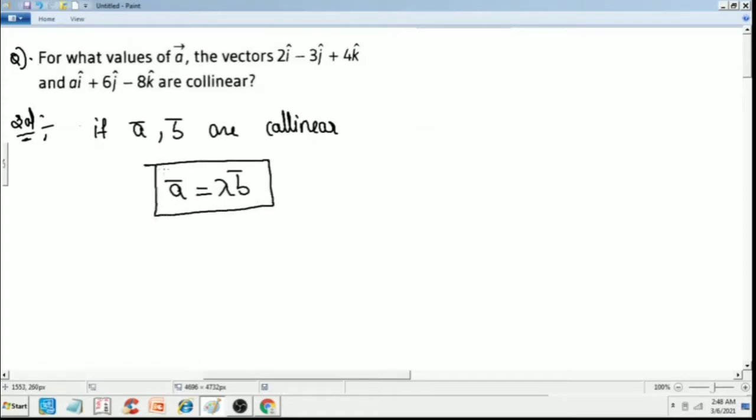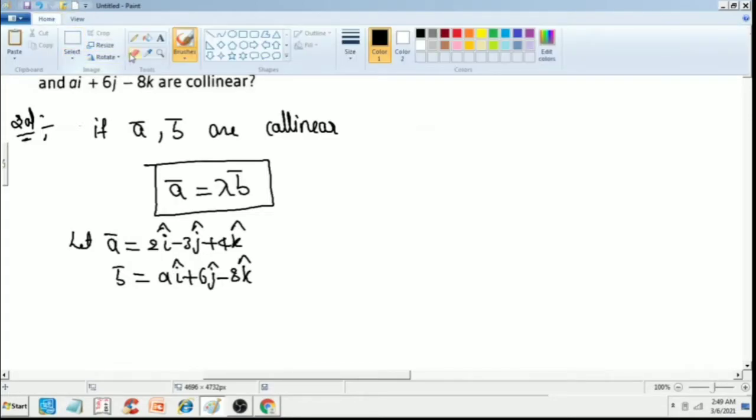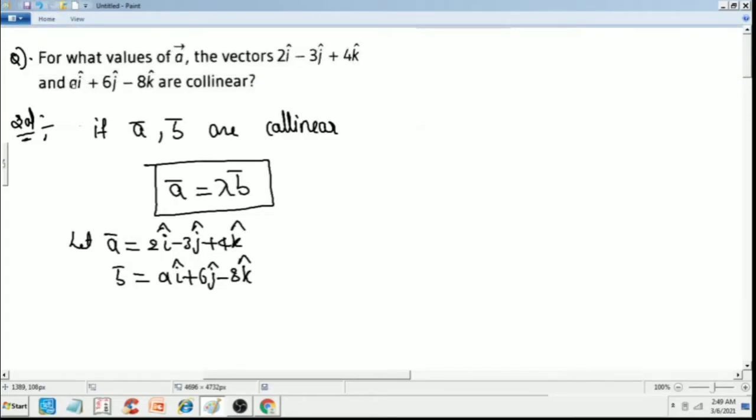So let us say given two vectors, a bar is equal to 2i minus 3j plus 4k bar, and b bar is equal to p i bar plus 6j bar minus 8k bar. Instead of a here, let us say p, because we already took a, so better consider p.